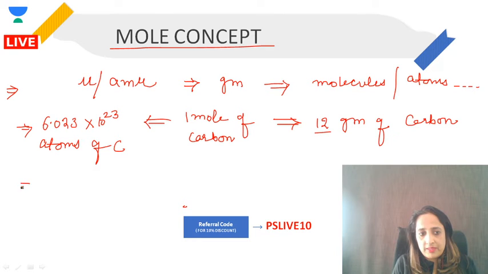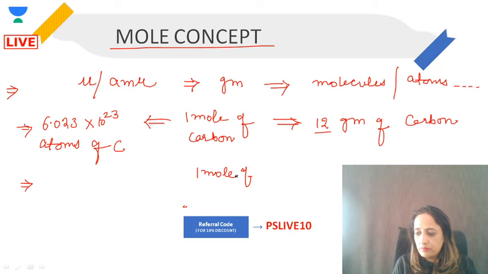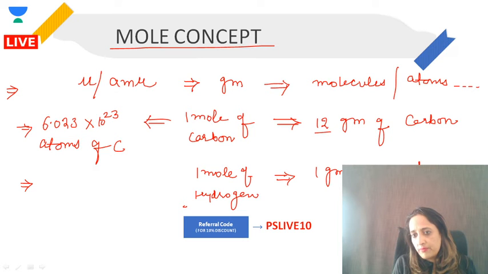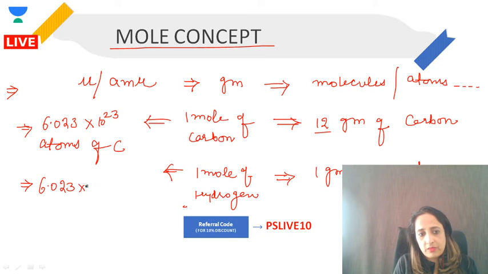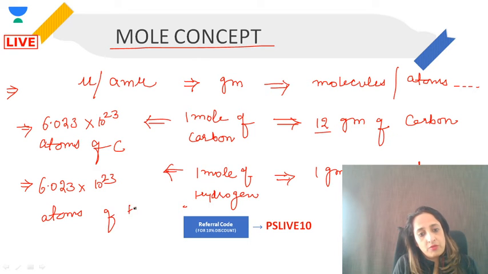If I take another example, let's say 1 mole of hydrogen atoms, that will be 1 gram of hydrogen atoms, or we can say this is equivalent to 6.023 into 10 to the power 23 atoms of hydrogen.